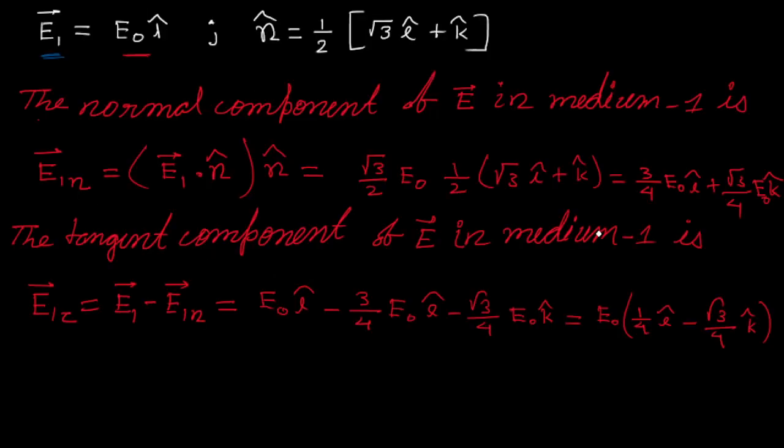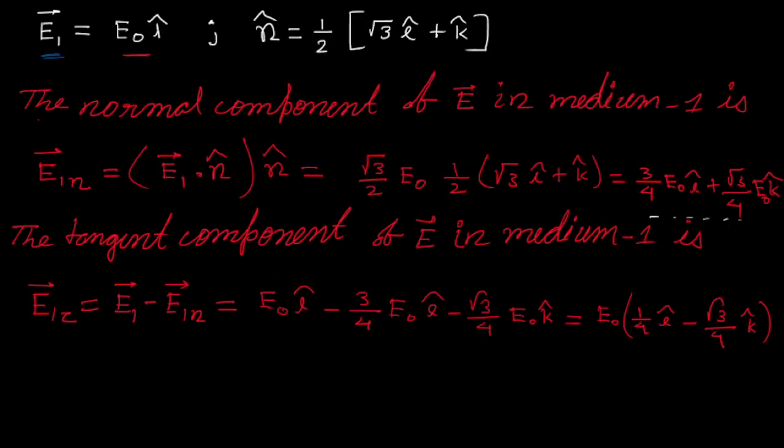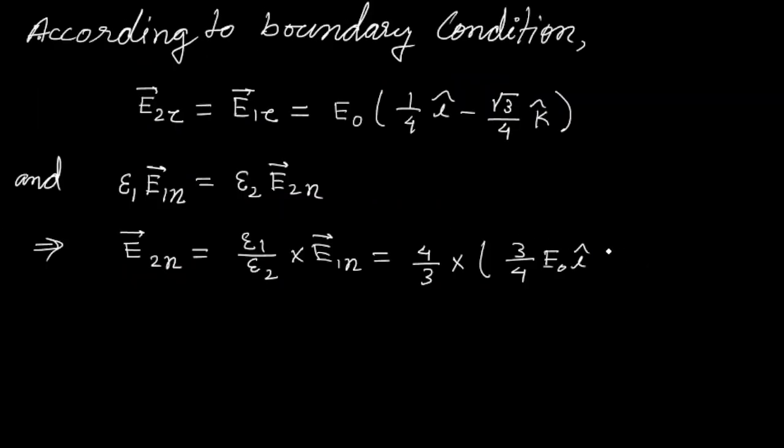I've calculated here. So put this normal component in this equation. What we'll get is 3 by 4 E naught I cap, and then root 3 by 4 E naught K cap, plus root 3 by 4 E naught K cap.